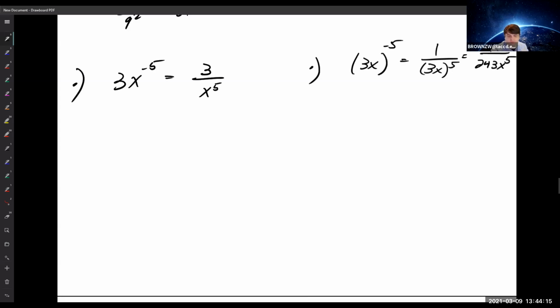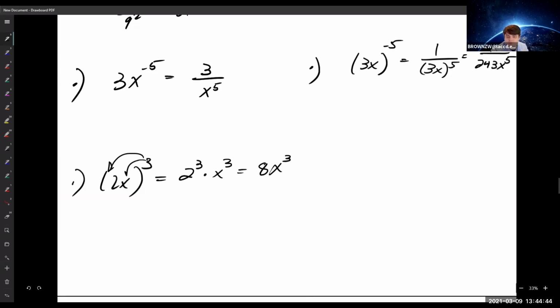This actually brought up something else, which is what happens when we have something like this. What happens when we have both a coefficient and a variable to a power? The answer is that we can just do both of these separately, kind of like distributing the power. We can write this as 2 cubed times x cubed. 2 cubed here is 8.